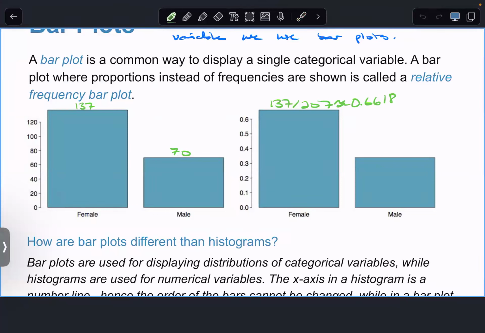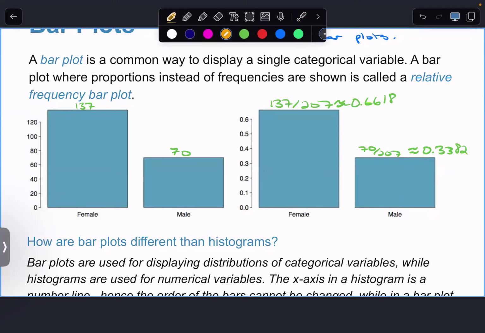70 over 207 is roughly, well, what would it be? It should be 1 minus this, right? And so if I use this as my rounded value, then I can do 1 minus 0.6618, roughly 0.3382, right?